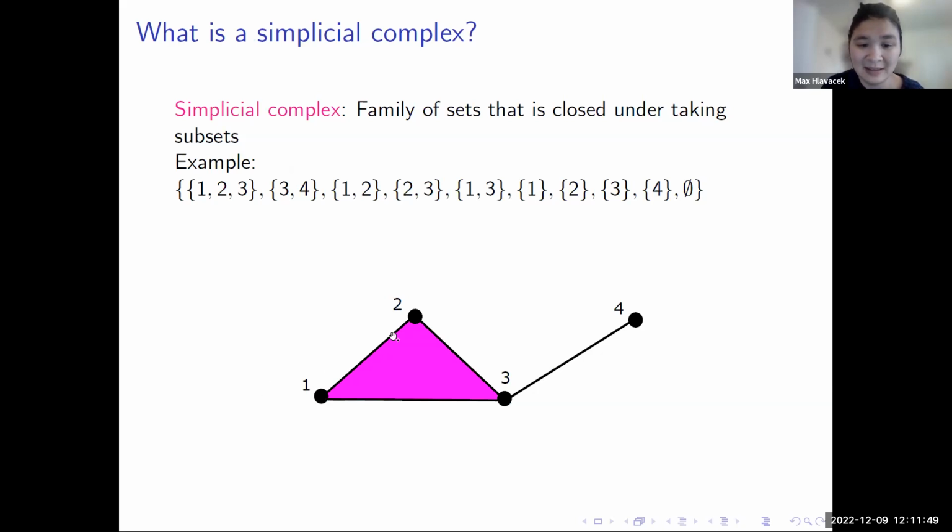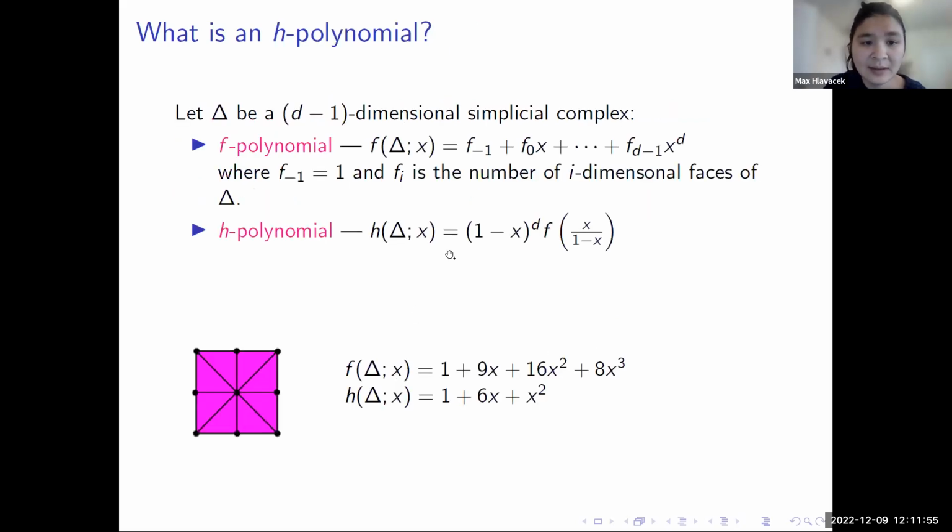We can count the number of vertices, the number of edges, and the number of filled-in triangles. We can encode all of these in the coefficients of a polynomial, and that is called the f-polynomial.